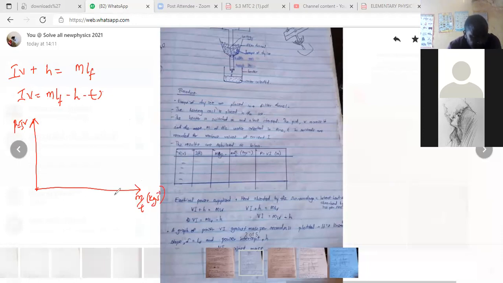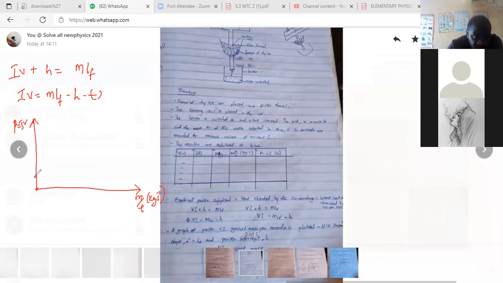It's a linear graph. And if it's a linear graph, it doesn't pass through the origin because of some heat losses or some power loss due to the surrounding.